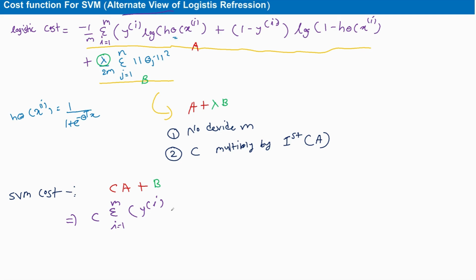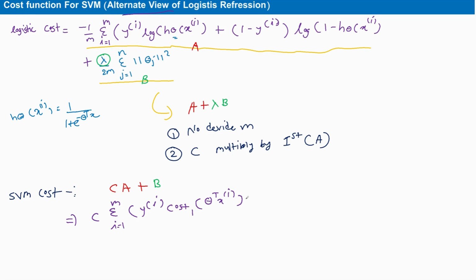I will tell you that also. Cost when y is equal to 1 with respect to theta transpose x i. This term we will elaborate again later, how it actually works. So this is the first term.